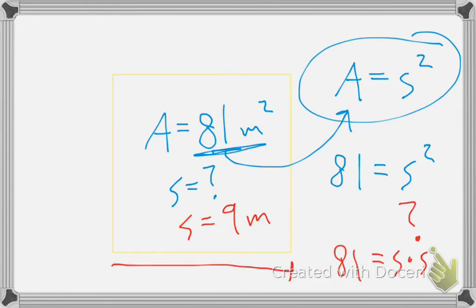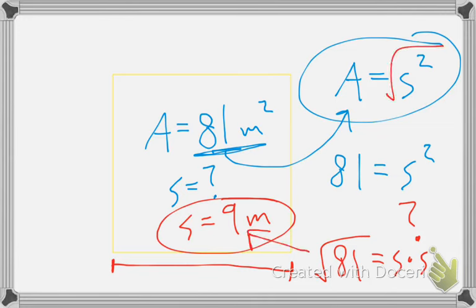That length is 9, not 9 square meters. This is just a singular dimension right here. 9 meters. And you'll learn later that you can find the square root of 81, and that is 9. Square root is the opposite of squaring something like that. So anyway, that's for later down the line.